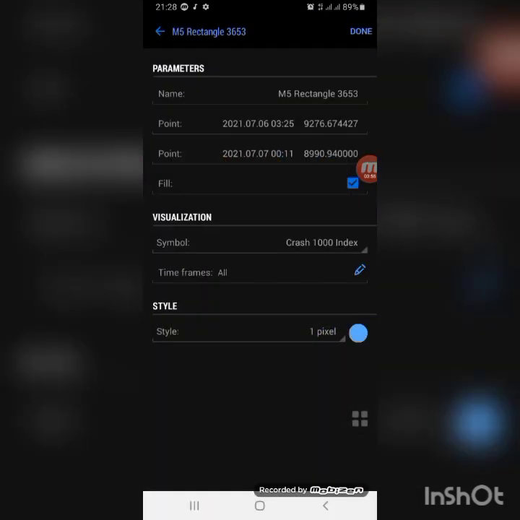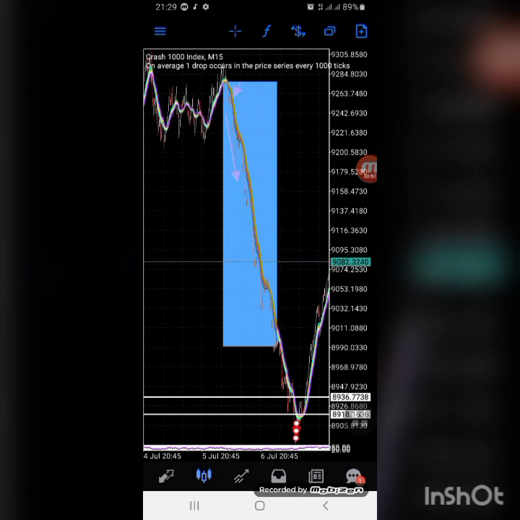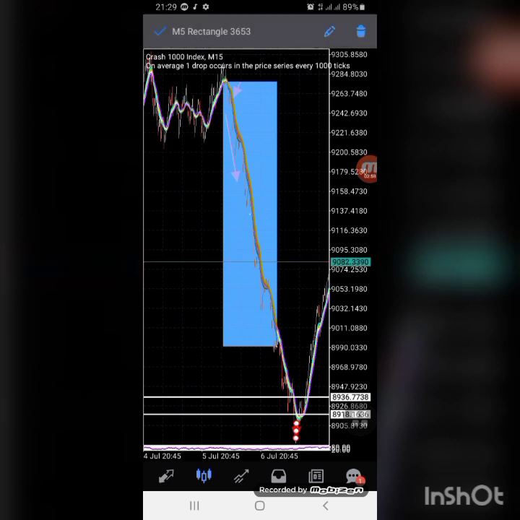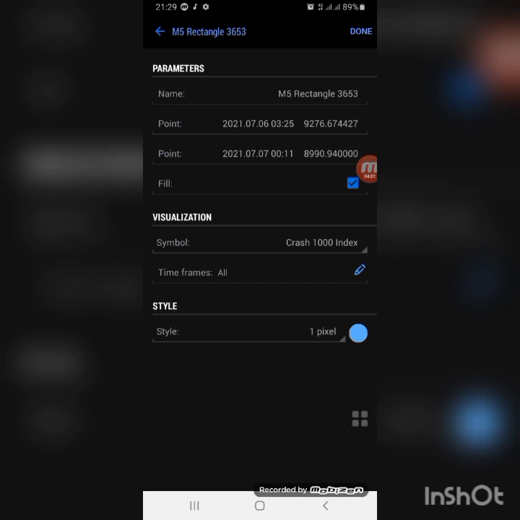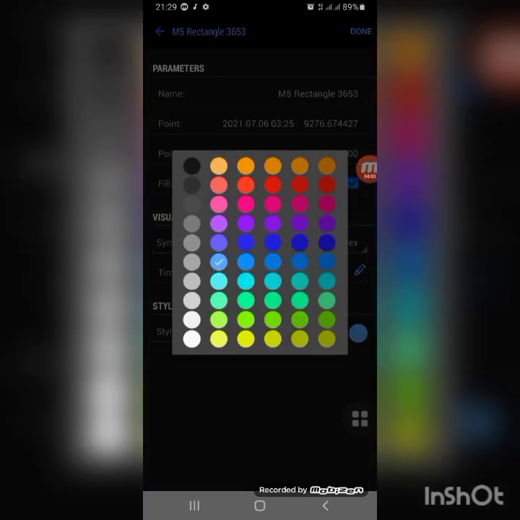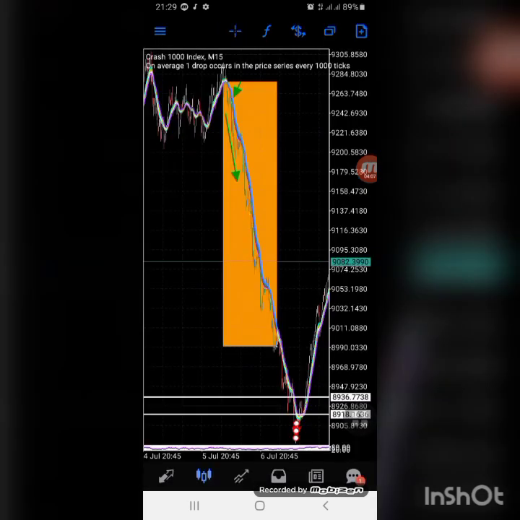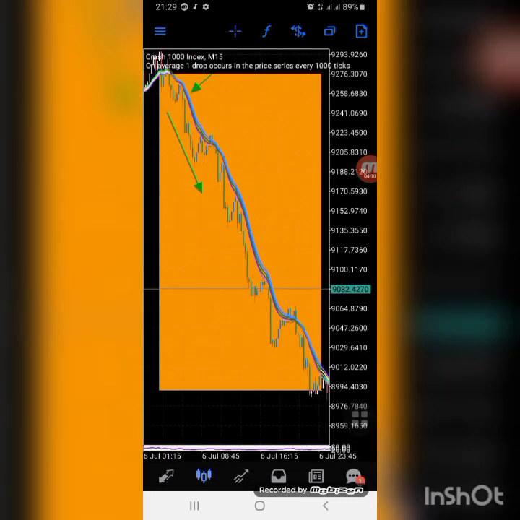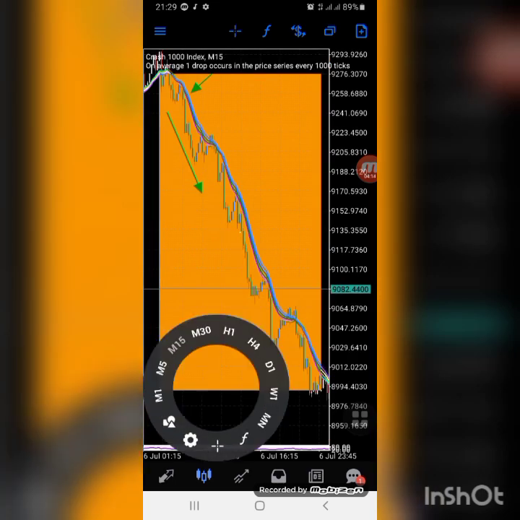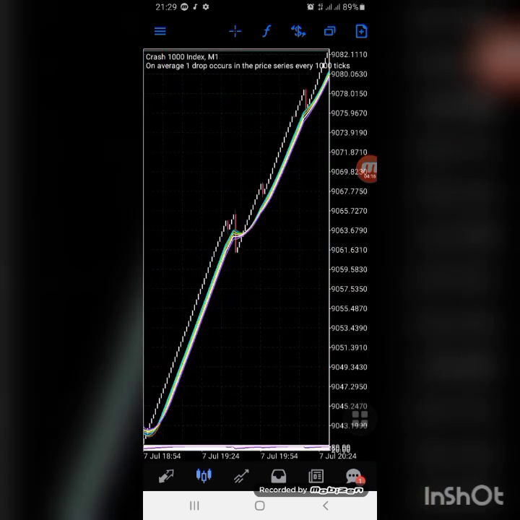This red is not visible, you can't see it well. I just want something we can understand and see better. What about this? This okay? Let us use this.